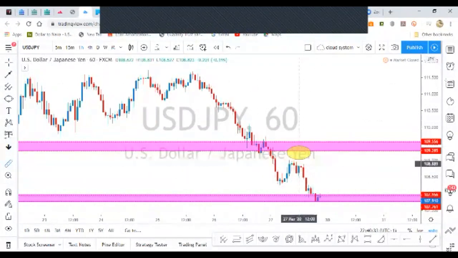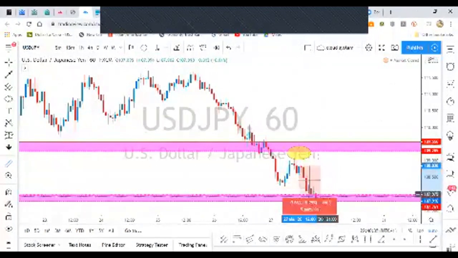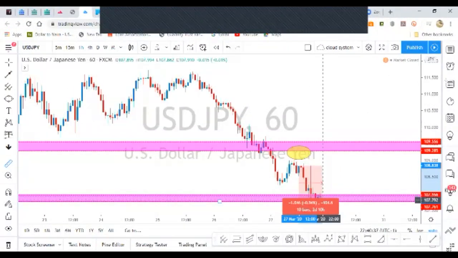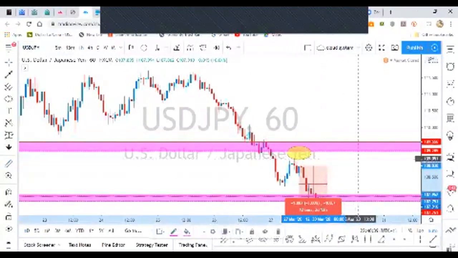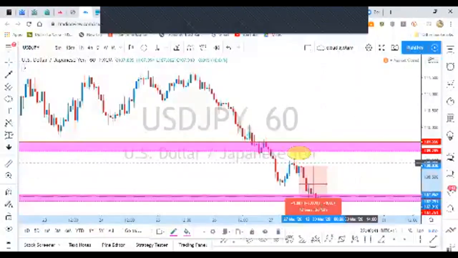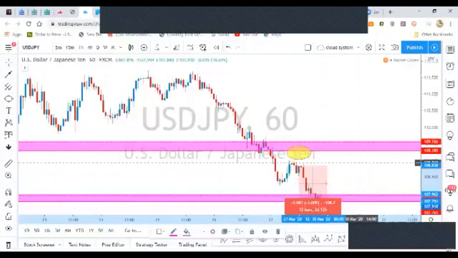Ladies and gentlemen, I'm not saying this is what you should go and do, but I'm saying if you build up your experience, you will catch these moves. One of us or two of us in this particular call caught this move.